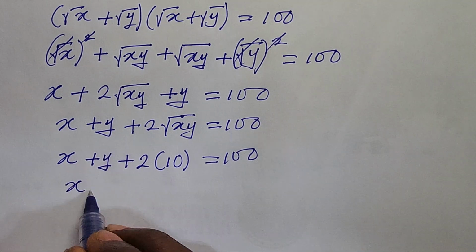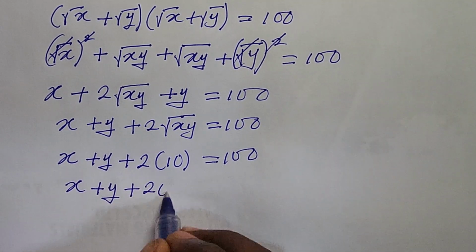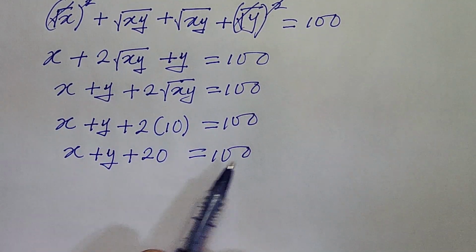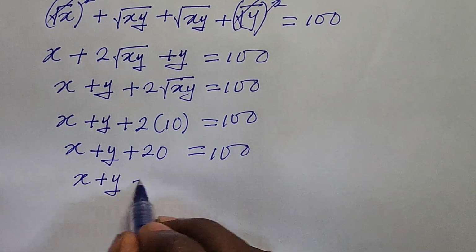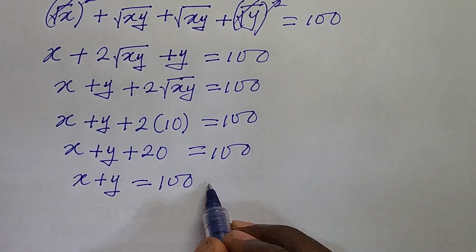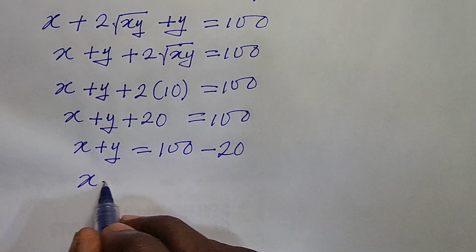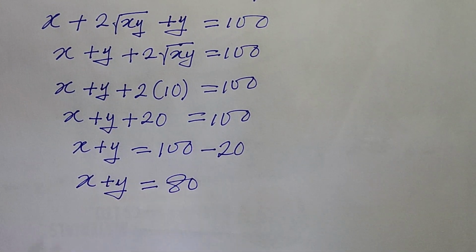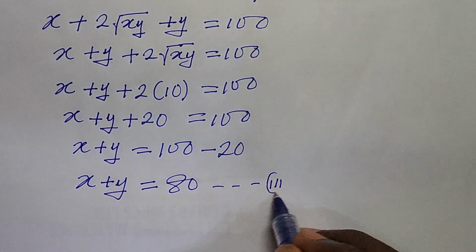So open up to give us x plus y plus 20 equal to 100. Move this to this side to give us x plus y equal to 100 minus 20. Then we have x plus y now be equal to 80. Let's give this equation 3.